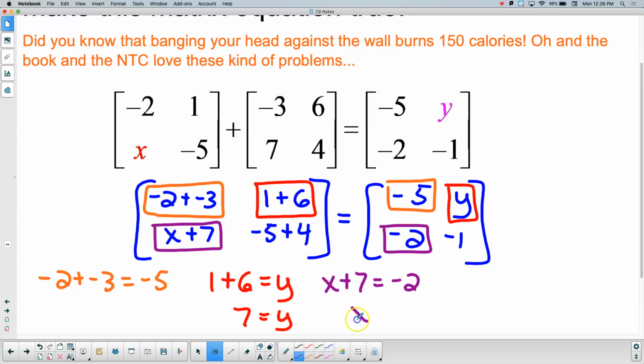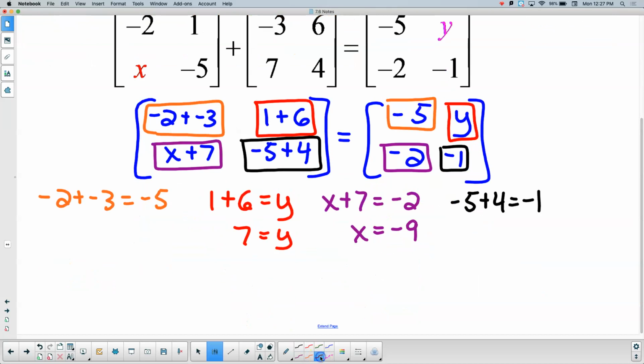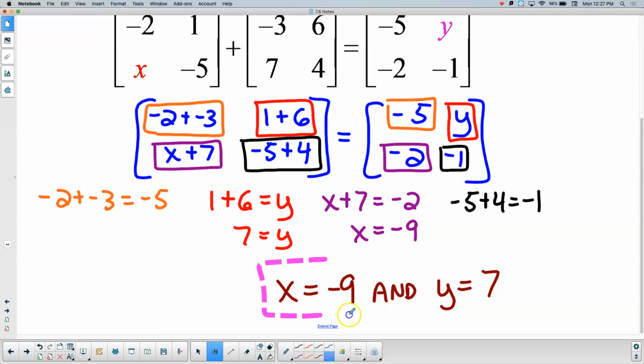So x has to be negative 9. And lastly, I would say that negative 5 plus 4 has to equal negative 1. And that is also true. So my 2 answers here, what x is and what y is, that's what we were looking for. X equals negative 9 and y equals 7. If that's the case, we have a true statement.